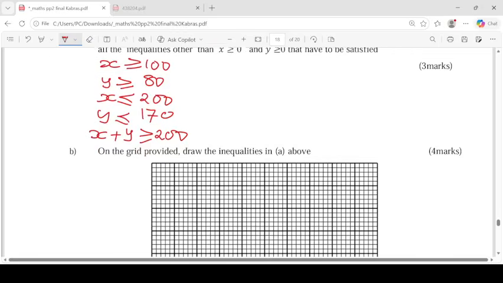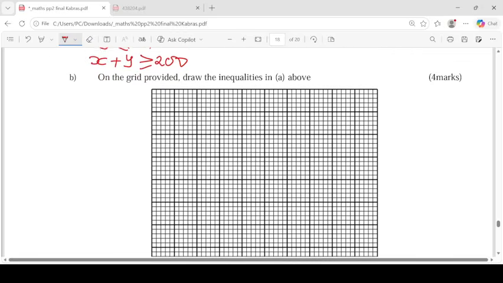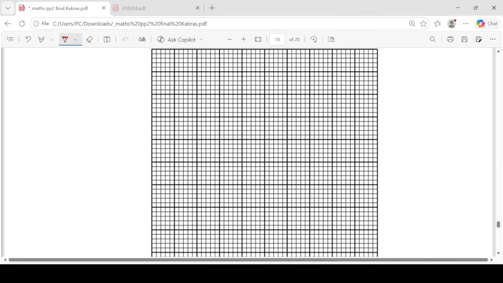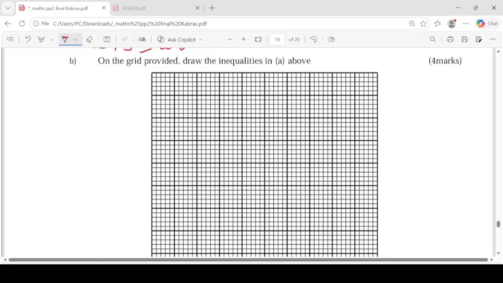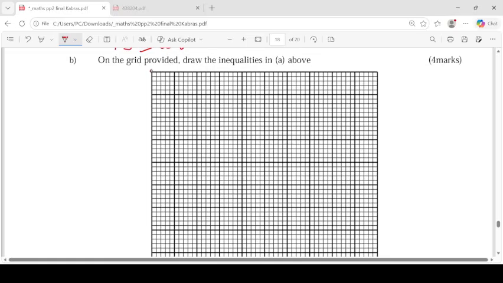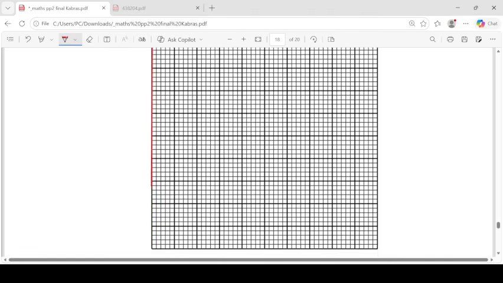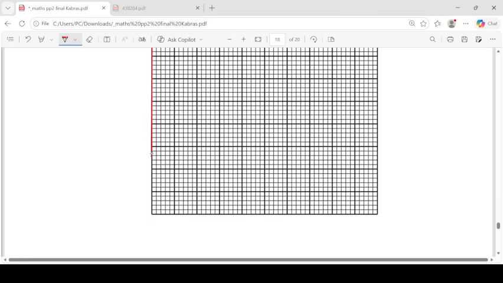Part B. On the grid, draw the inequalities. Let us try to draw these inequalities as fast as we can due to time. I hope you can all see and relate. So here I can go with a range of 5. This is 0.